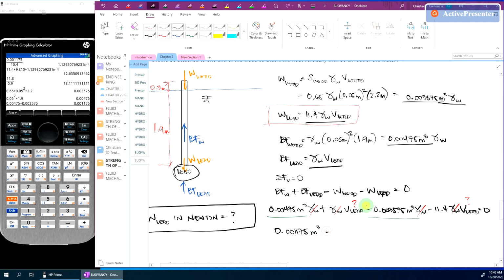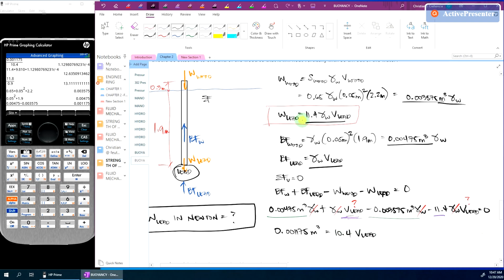Then this will be equal to, so pag transpose natin ito sa kabila, 11.4 times the volume of lead minus volume of lead, 11.4 minus, so parang meron tayong 1 dito, no? Okay? So that will be equal to, kapag transpose natin, so 10.4 na lang. Okay, so binawasan natin ng 1, itong 11.4. Okay? Times the volume of lead.